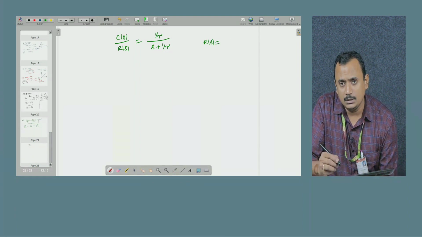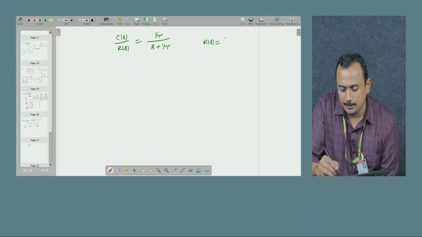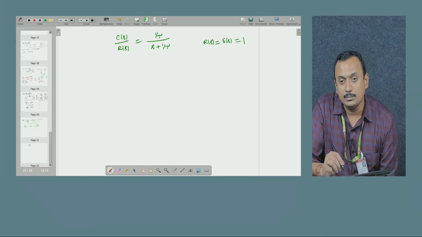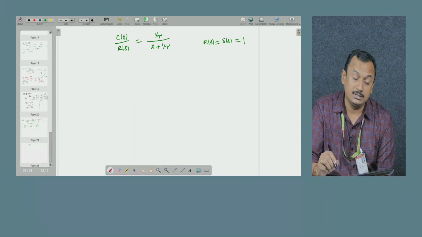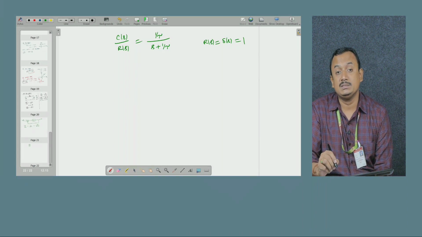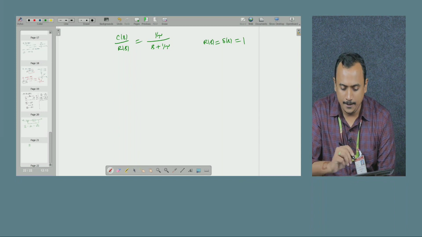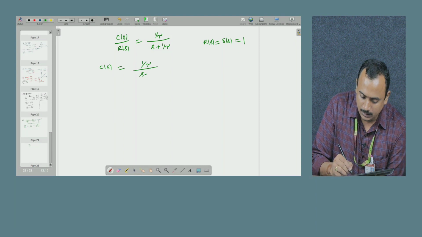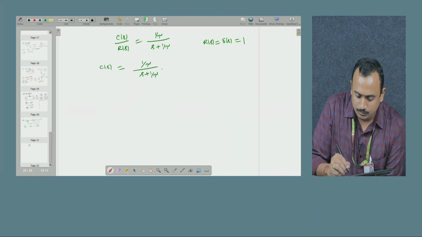The Laplace transform of the impulse signal is 1, as we have seen previously, since here I have considered the impulse magnitude as 1. Now C of S becomes 1 by tau by S plus 1 by tau into R of S, that is 1.